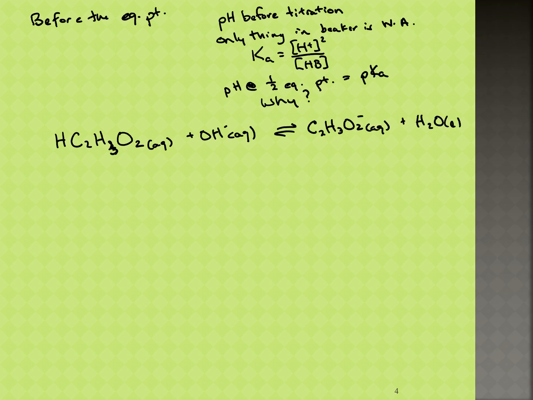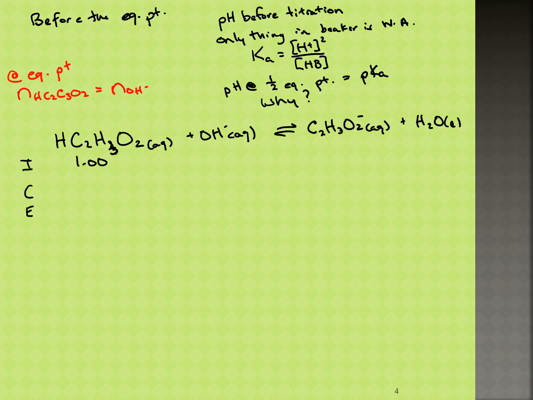So at 1/2 of the equivalence point, recall, at the equivalence point, the number of moles of our acetic acid is going to equal the number of moles of the strong base. So at the equivalence point, the number of moles of my reactants have to equal each other. Let's say that I had 1 mole of acetic acid.